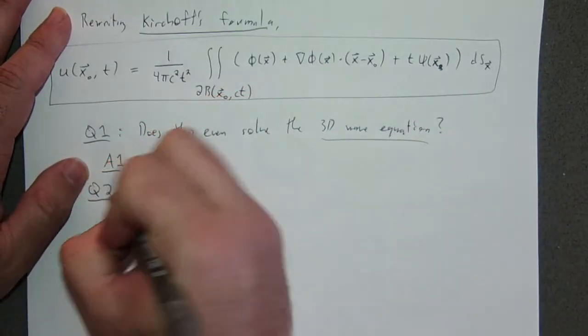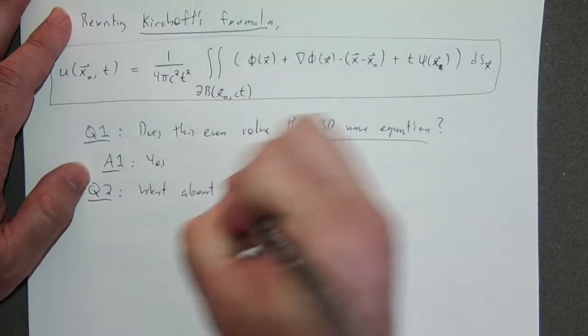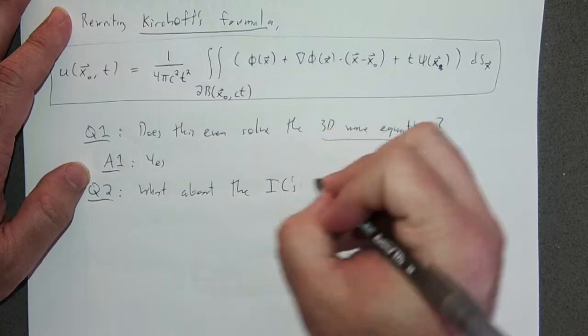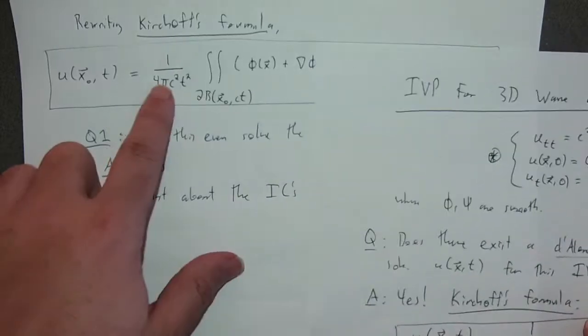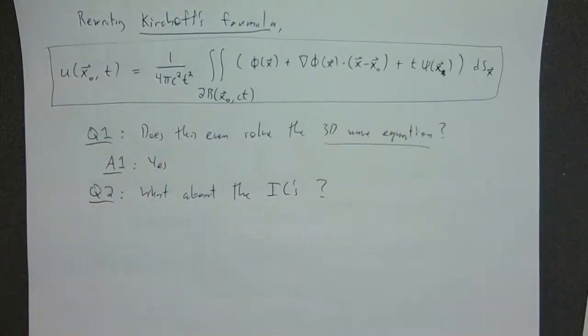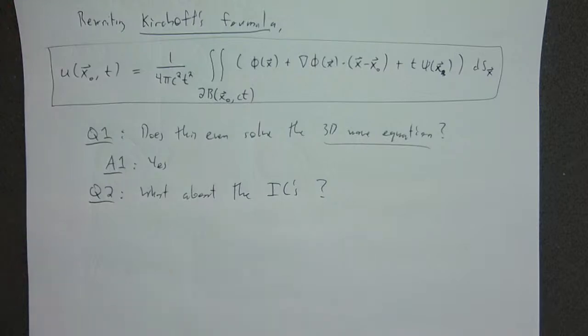The second question is, what about the initial conditions? As we noted in yesterday's lecture, there are some issues here. Unlike D'Alembert's formula, where for the initial conditions you could just plug in t equals 0 and immediately see that phi and psi pop out for the initial displacement and initial velocity, it was very clear that it solved the initial conditions.